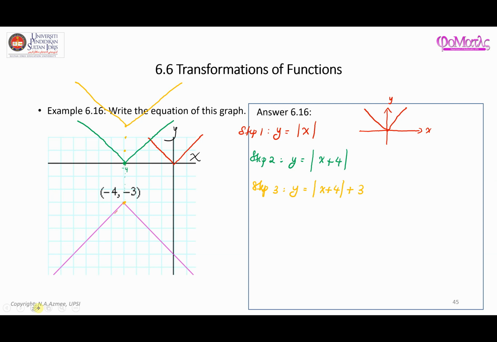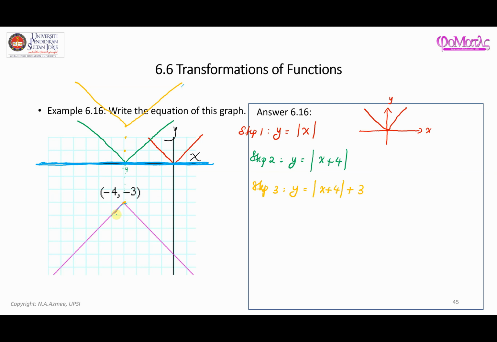Now, I hope you are able to see that this pink graph here is just the reflection of this graph along the x-axis, and this graph is given by this equation.